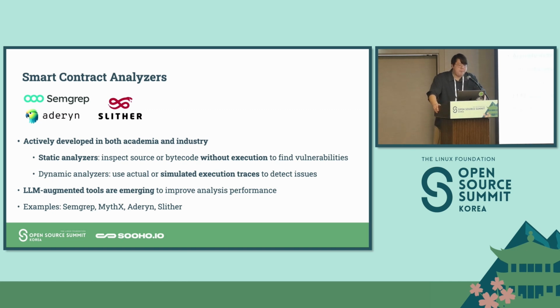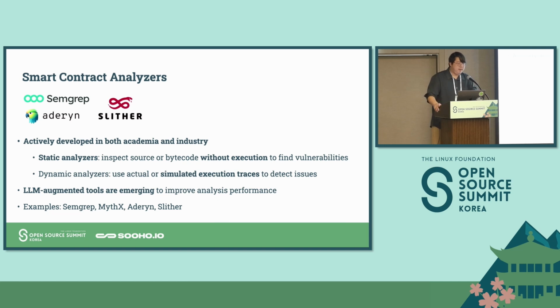And open source analyzers are also an appealing approach for smart contract security, because smart contracts often manage large amounts of valuable assets. So both academia and industry have been actively developing and improving smart contract analysis tools.